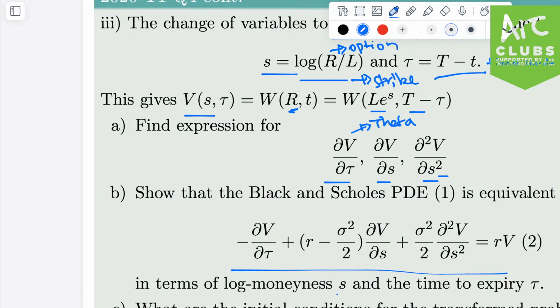And then it also asks us for the boundary conditions, which just basically want us to look at what will happen if t goes to infinity or t minus tau goes to infinity, and when t is equal to 0.